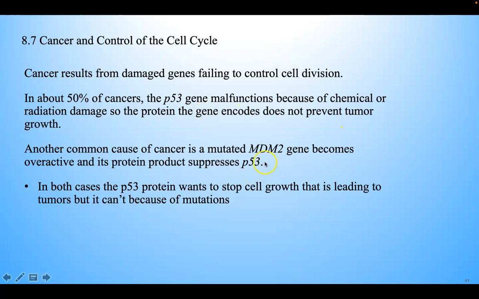And in this one, our p53 gene is fine, but our MDM2 gene has been mutated to the point that now it's getting in the way of p53. Almost imagine the MDM2 gene sitting on top of p53 and saying, I won't let you do your job. In both cases, the p53 protein wants to stop cell growth that is leading to tumors, but it can't because of the mutations to its genetic information.